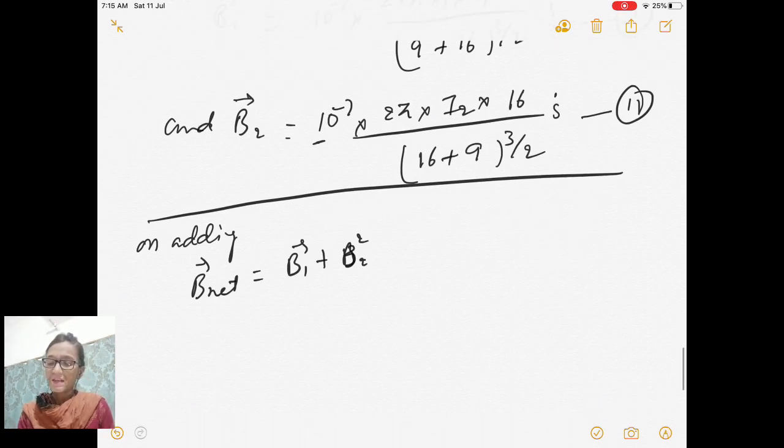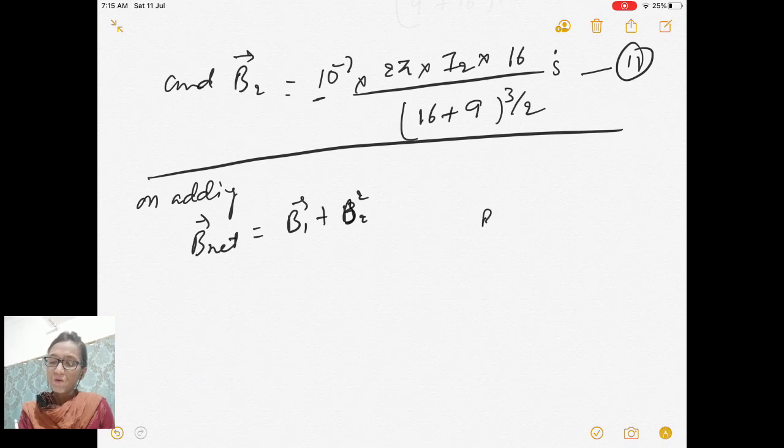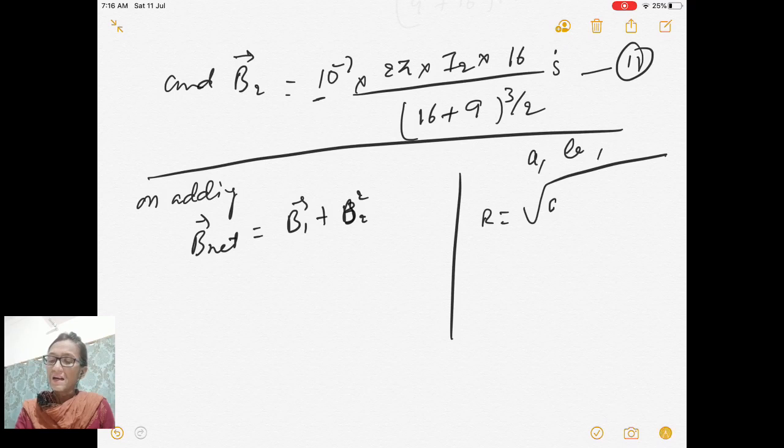Vectors are added as per the rule: if two vectors A and B are at an angle theta, then the resultant R is root under A square plus B square plus 2AB cos theta.